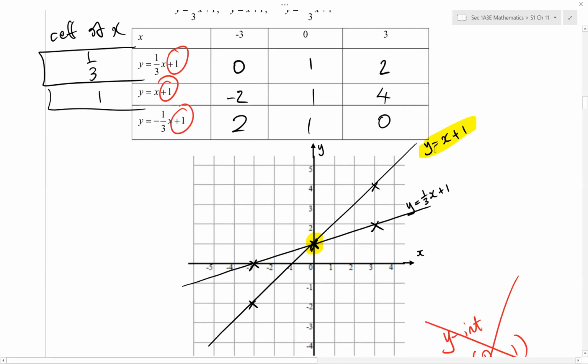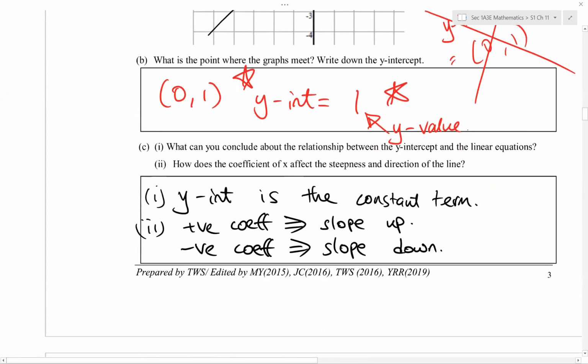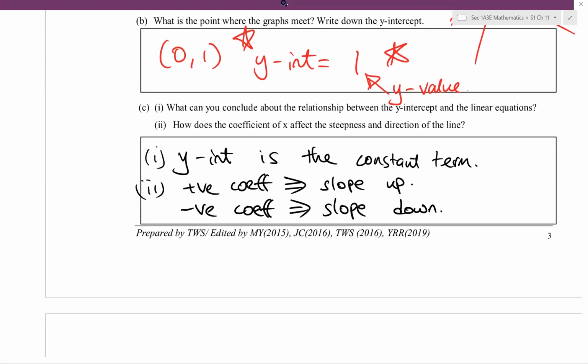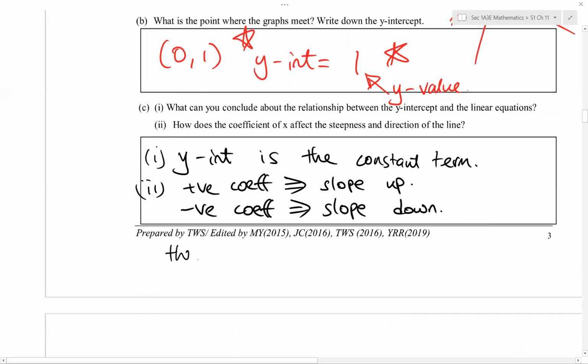Can visually see. Very difficult to climb this slope as compared to the other one. So what made it more steep? The value of the coefficient. The bigger the value, the steeper it is. So one last point, write this down. Coefficient increase implies steepness increase. Okay? So this is the last point over here.